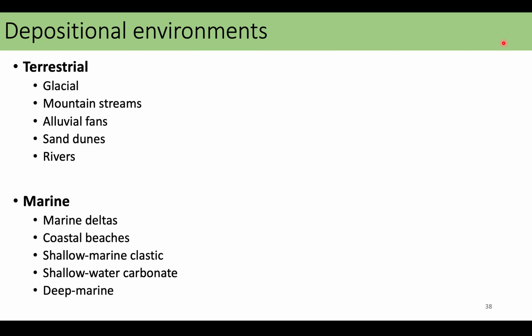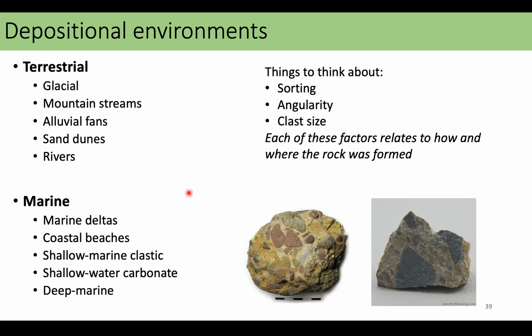Or is this a marine deposition? So deltas, beaches, shallow marine versus deep water marine. There's many different ways to think about how the sediment was deposited before it became this sedimentary rock layer. That can again give us more clues into how the rock was formed and why.